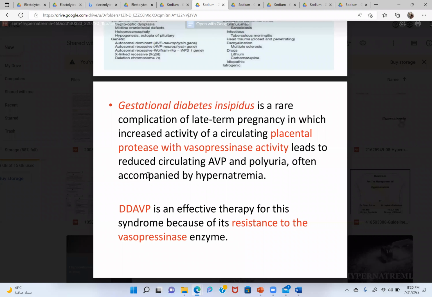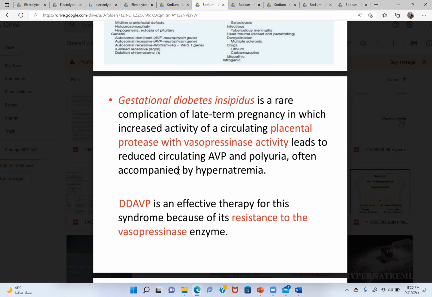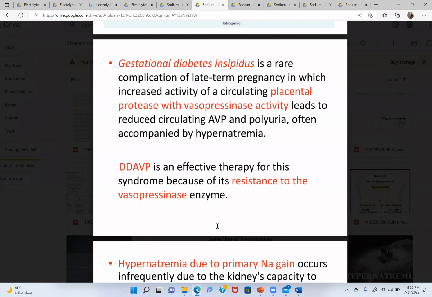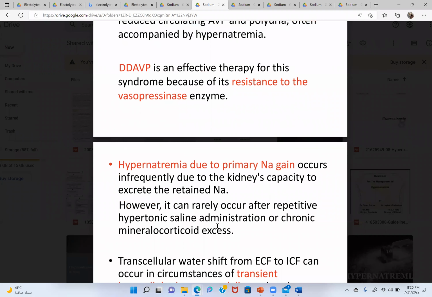ADH levels are decreased because of enzymatic activity of the placenta, so this will result in more urination. Desmopressin is an effective therapy for this syndrome because of its resistance to the vasopressinase enzyme.